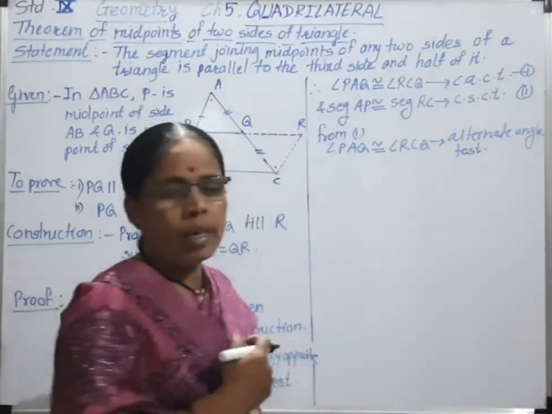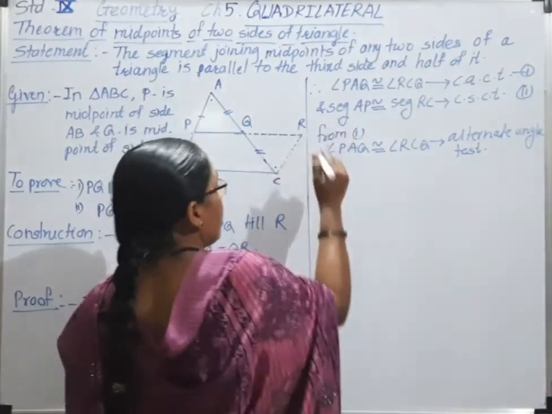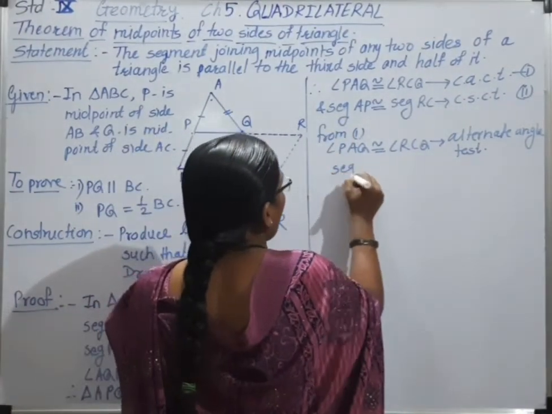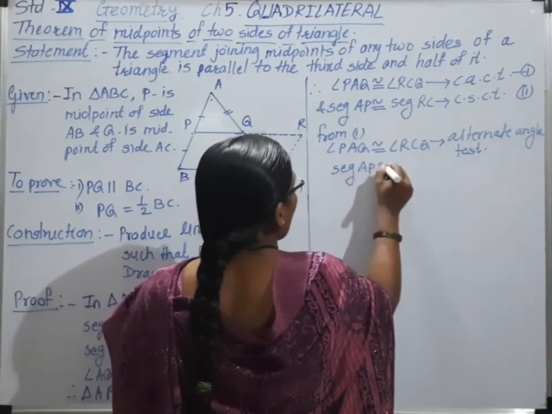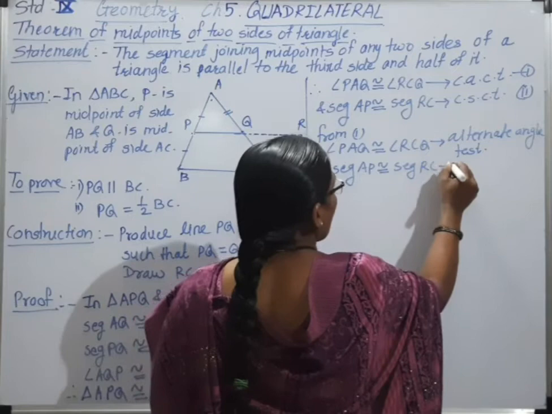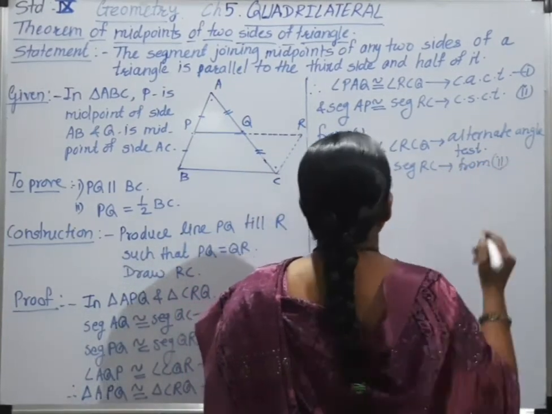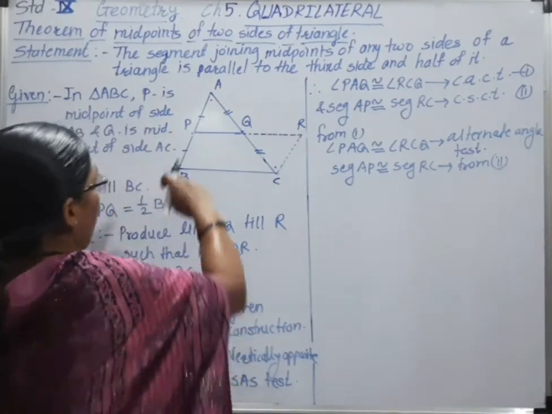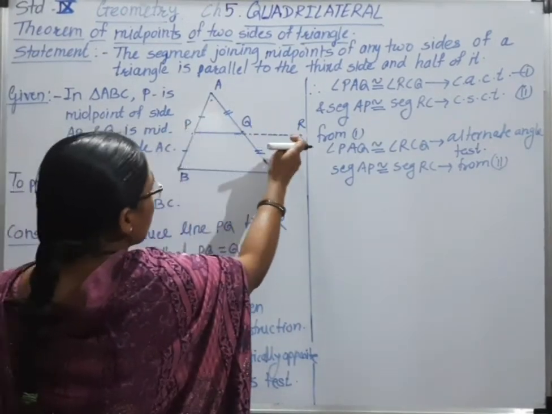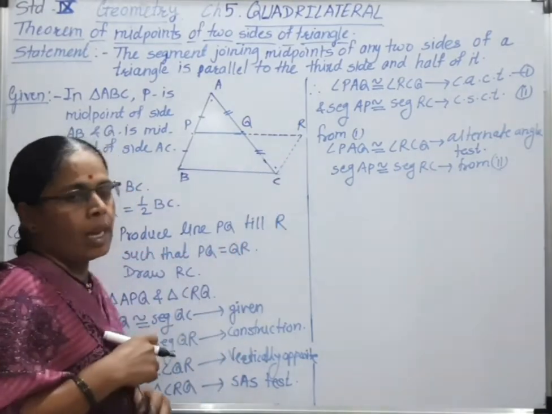Therefore, here segment AP is congruent to segment CR. Here it is given segment AP congruent to segment RC from 2. And now you can see here AP is congruent to segment RC, and this angle is congruent to this angle.